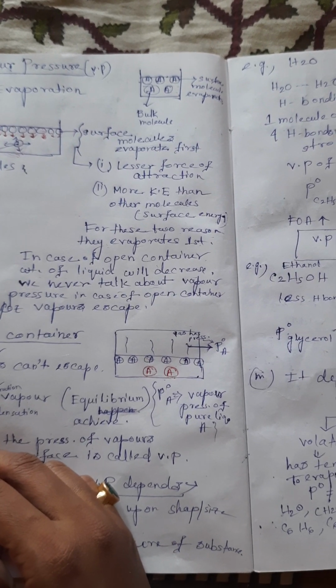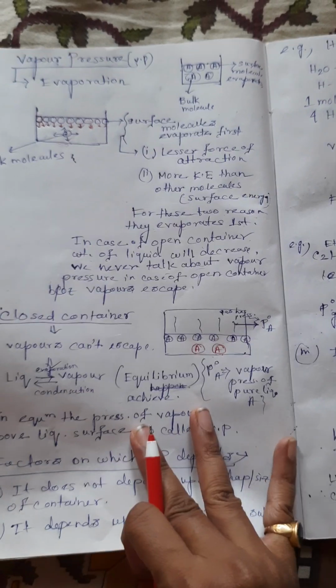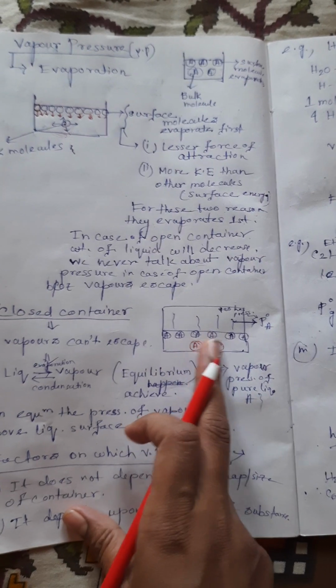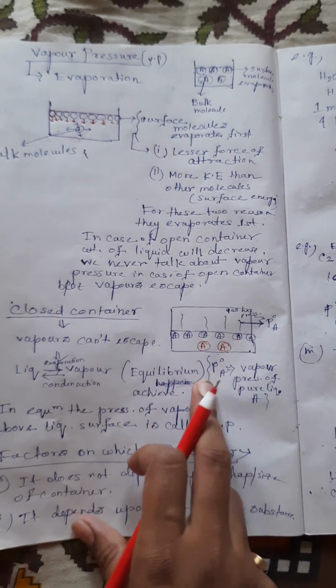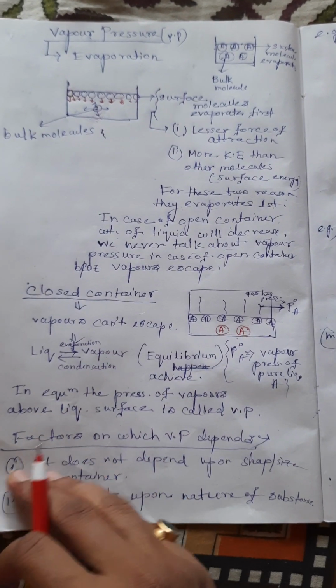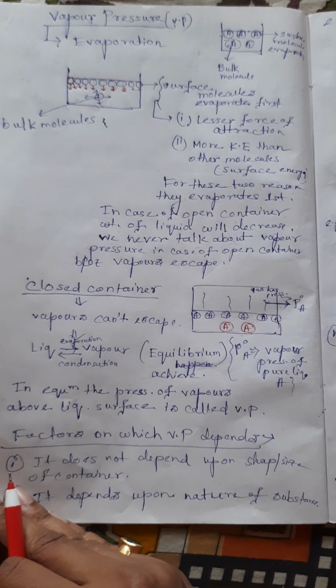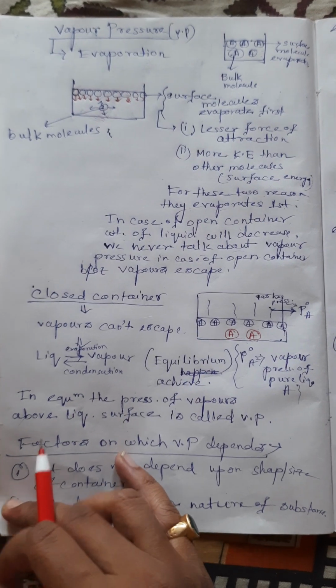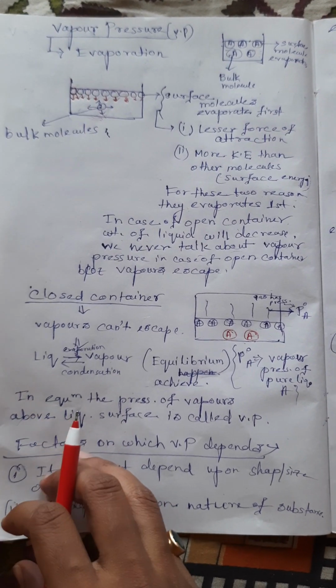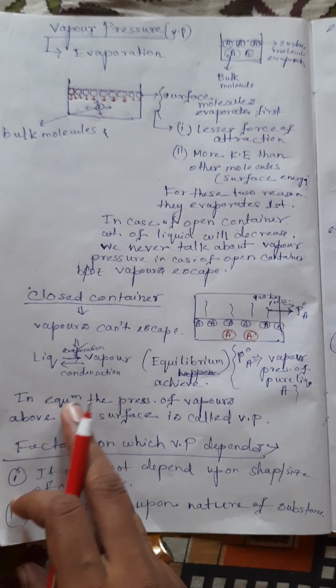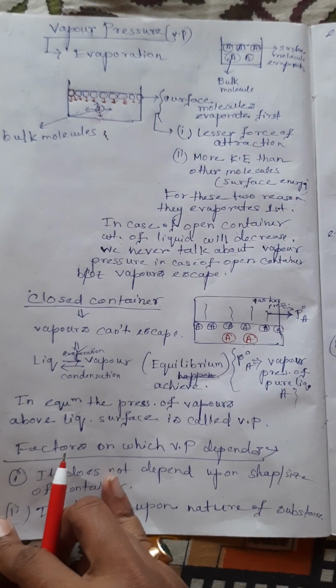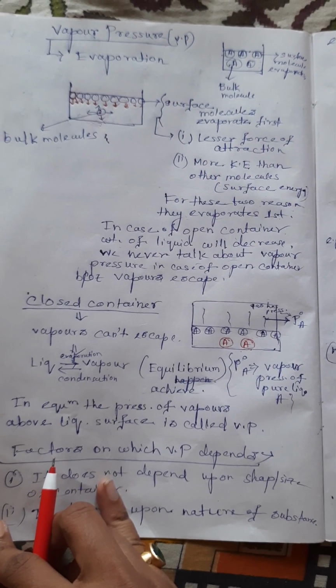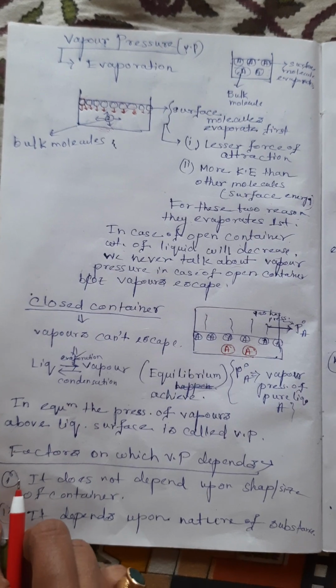PA naught means the vapor pressure of pure liquid A. We have taken only liquid A. Is it clear? In equilibrium, the pressure of vapors above the liquid surface is called vapor pressure. That means when equilibrium is achieved, the pressure of vapor created above the liquid surface is called vapor pressure.